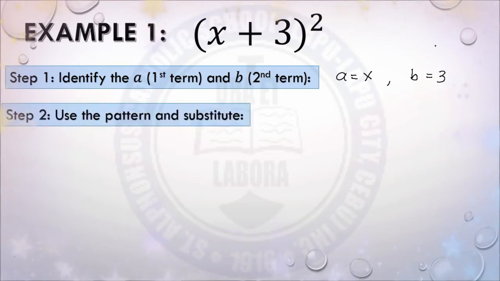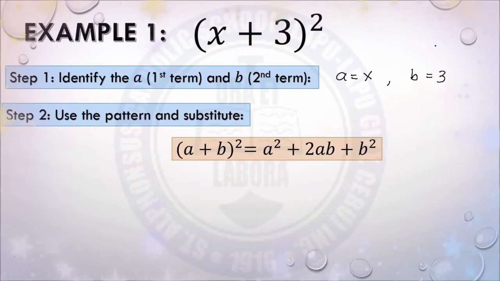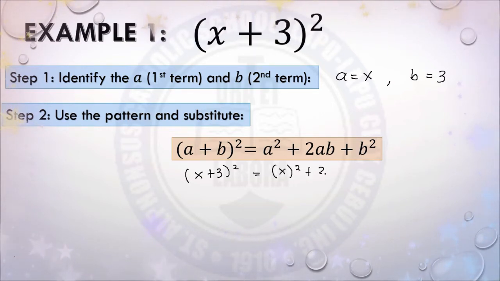Second step, use the pattern and substitute. The pattern is a squared plus 2ab plus b squared. So, write the given, substitute the first and the second term: x squared plus 2 times x times 3 plus 3 squared.